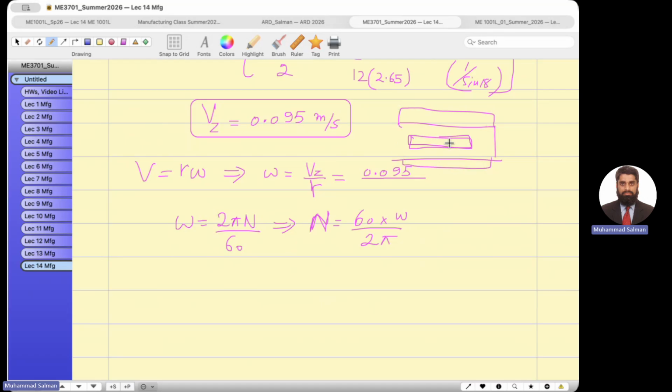So the internal diameter is 35 minus 3. I need this from the center. I need this value.